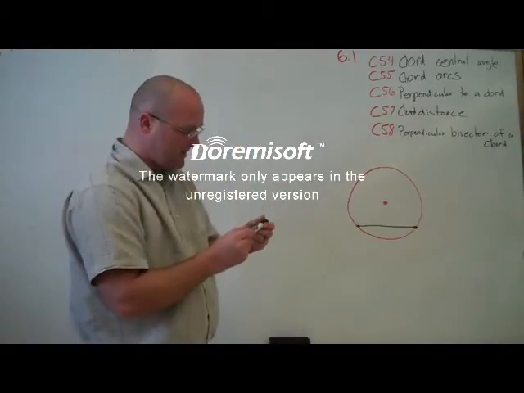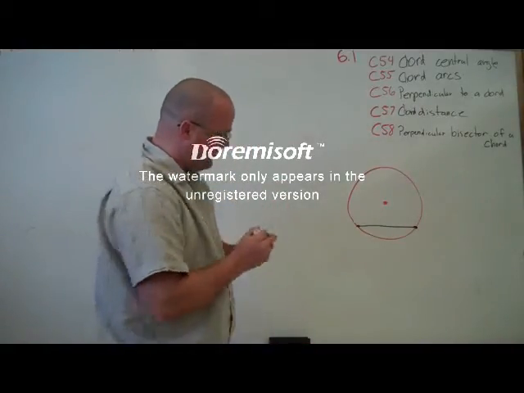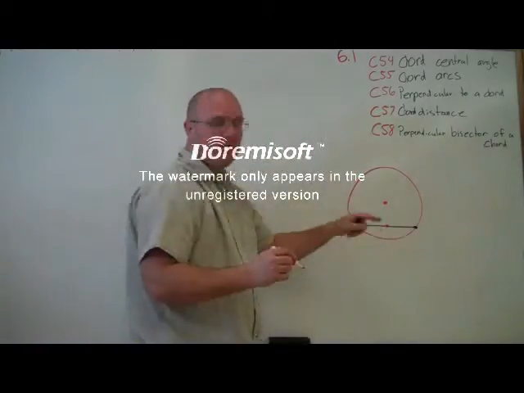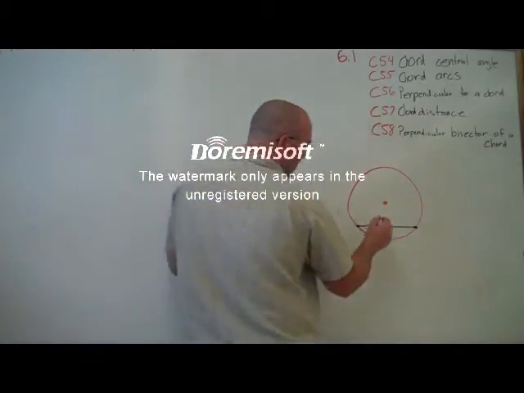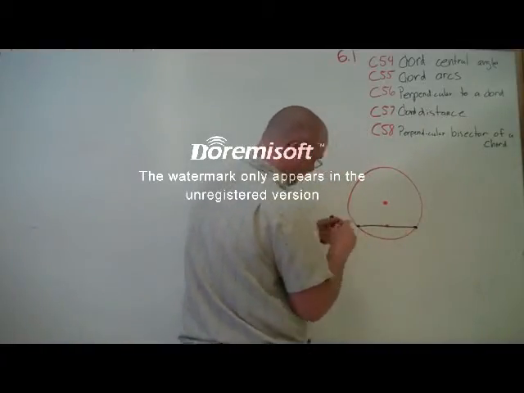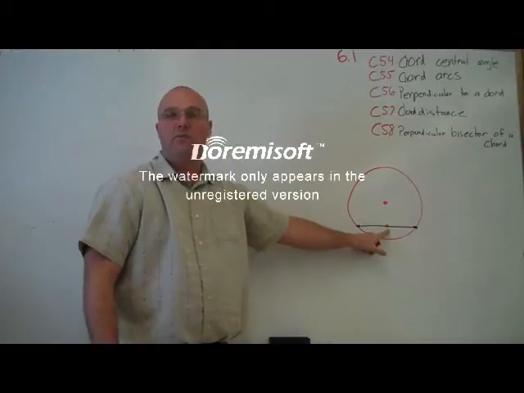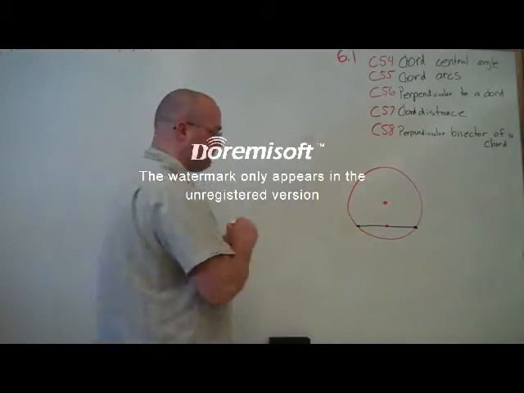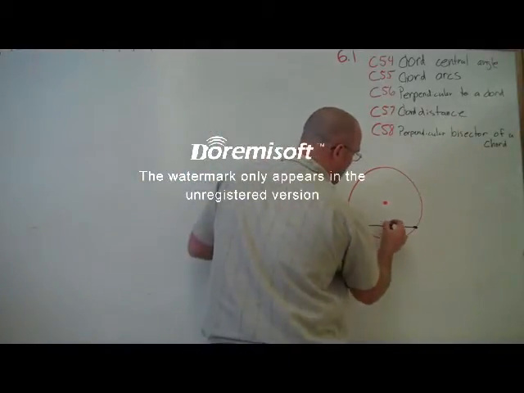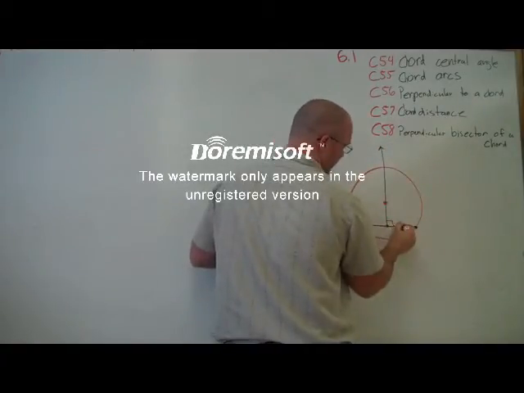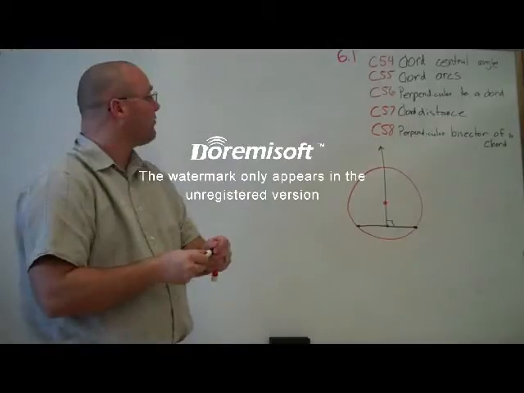If we had bisected this chord in half with a perpendicular bisector, it would go through the center of the circle.